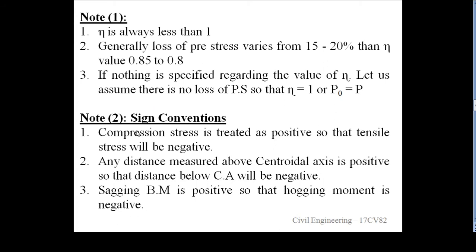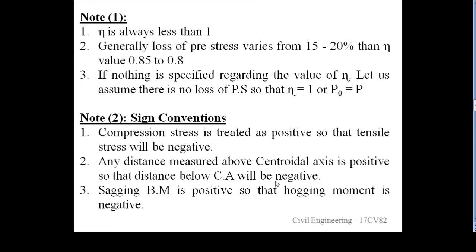Note number 2, the sign conventions. First, compressive stress is treated as positive, so tensile stress will be negative. Here compression is taken as positive and tension as negative. Any distance measured above the neutral axis is positive, so a distance below the central axis will be negative.